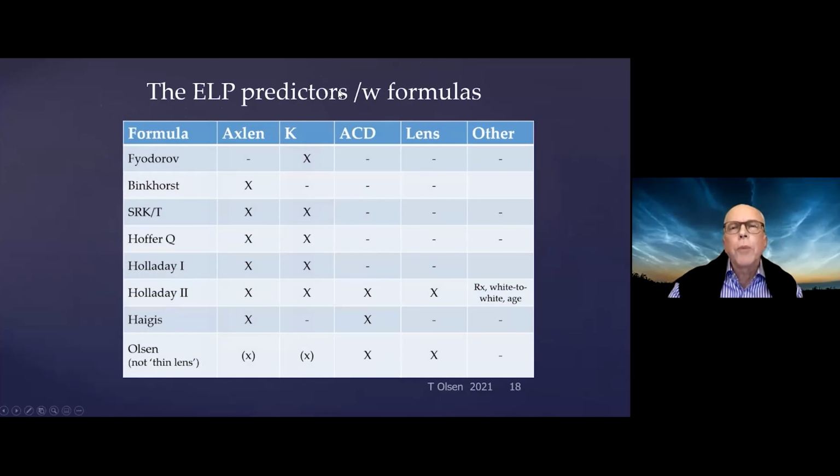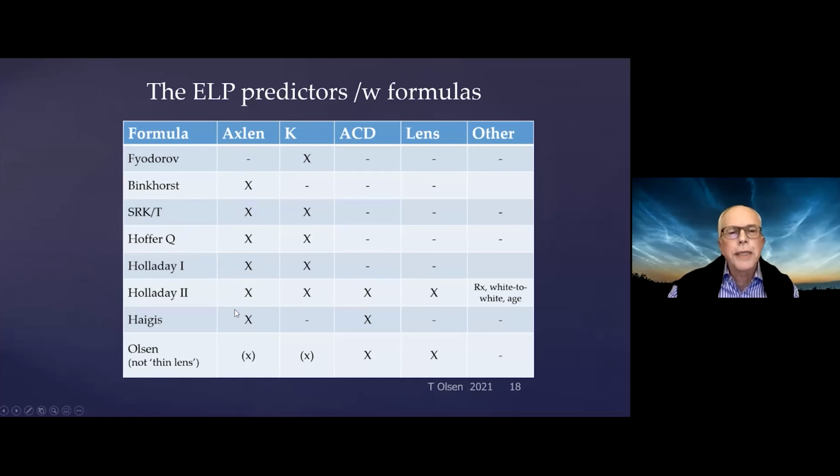There are a number of formulas out there, and they have all their own method of predicting the ELP. You can see also the time scale is going down here. We started with the K reading by the Fyodorov formula in 1967. The Binkhorst was using the axial length, that's the only ELP predictor. And then we have the SRK/T combining the axial length and the K reading. Actually, they copied some of the Fyodorov approach.